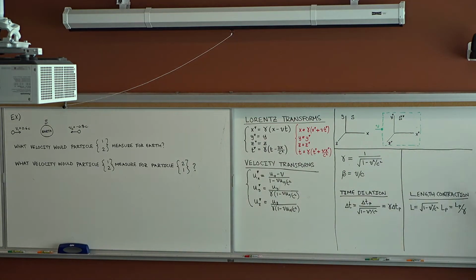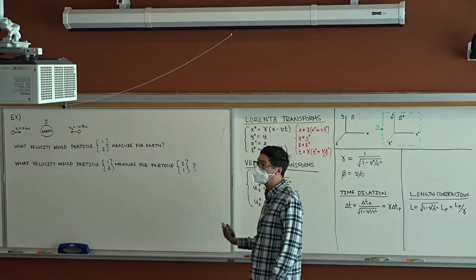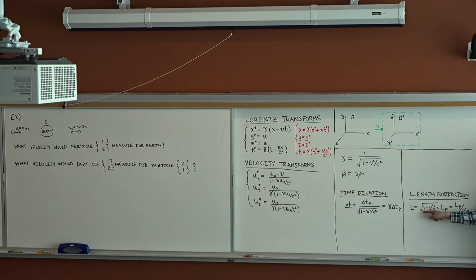And again, proper here I don't mean to connote better. It's a special case. But any other length measurement made in a frame that isn't capable of measuring the proper length is going to be the square root of 1 minus v squared over c squared, that quantity times the proper length, the length measured by someone who can measure the length of the thing while it's at rest with respect to them.